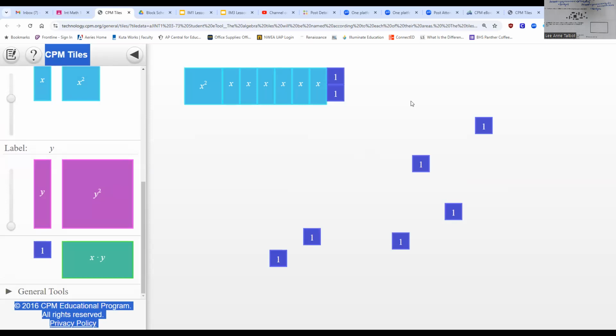Yeah. It's 1 x squared, 6 x's, and 8 ones. You didn't make a mistake on that one that you wrote down.